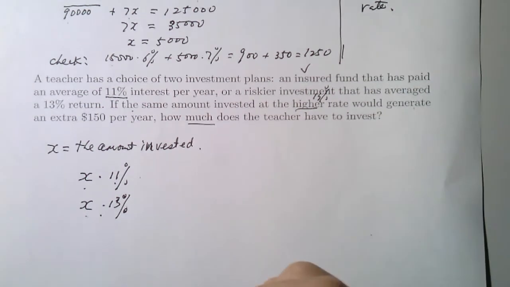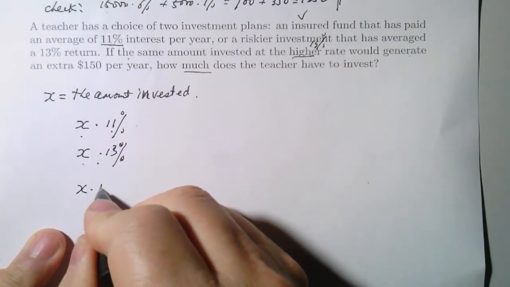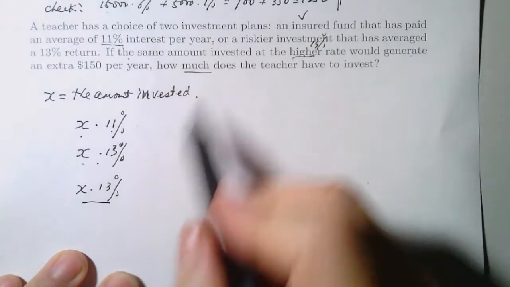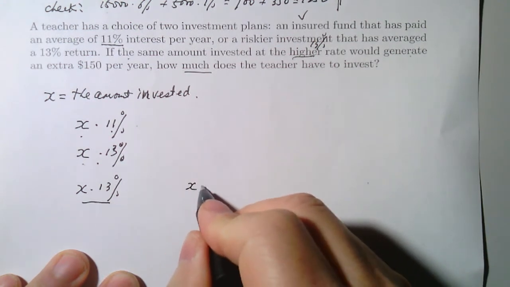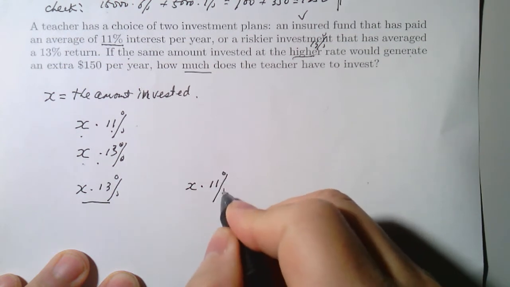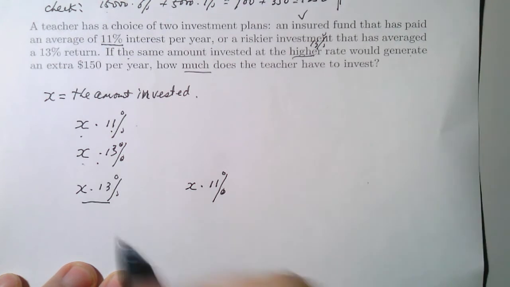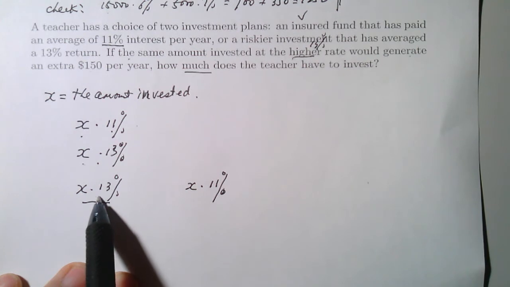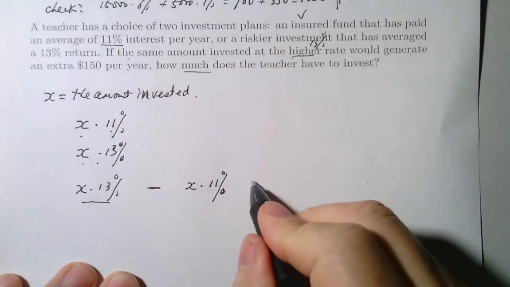So the equation is x times 13%, earned from the higher interest rate account, minus x times 11%, earned from the 11% account. Their difference is $150 because that one makes more interest.